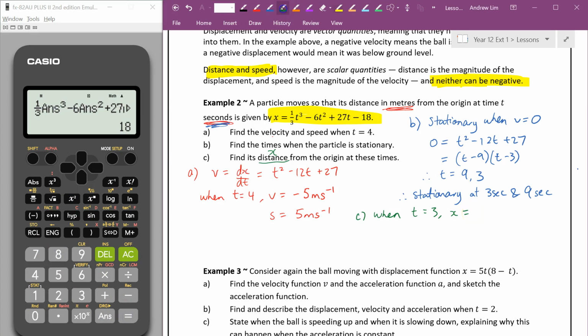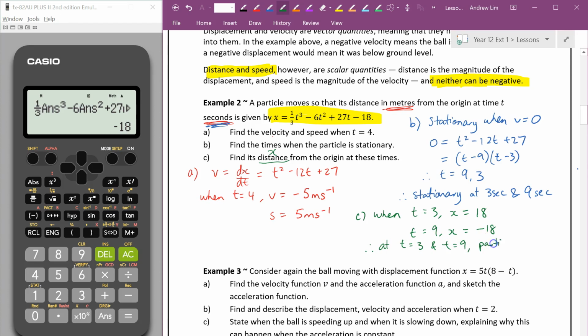That gives 18. And when t is equal to 9, the displacement is minus 18. So what that means is the first one, because it's positive, it's 18 meters to the right of the origin. And here we've got minus 18, which means it's 18 meters to the left. So therefore, t equals 3 and t equals 9.